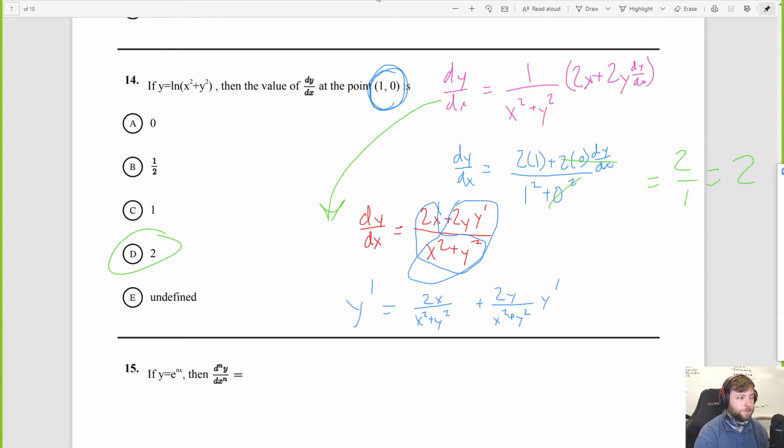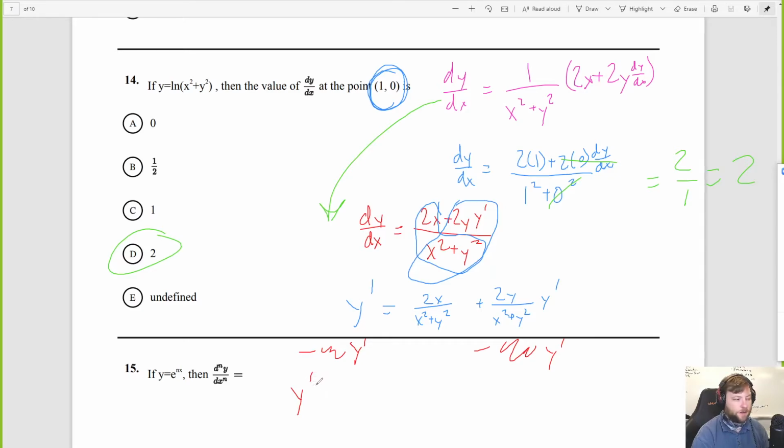Next thing I'm going to do is isolate the y prime term. So this is a y prime term, and this is the coefficient. I'm going to subtract this y prime term on both sides.